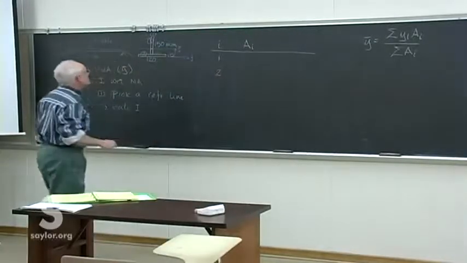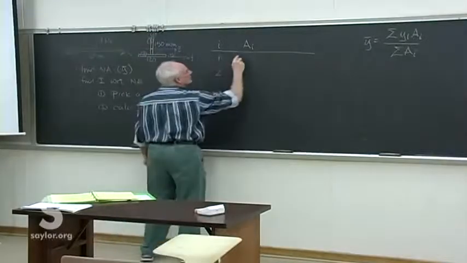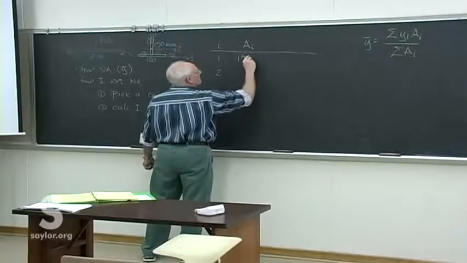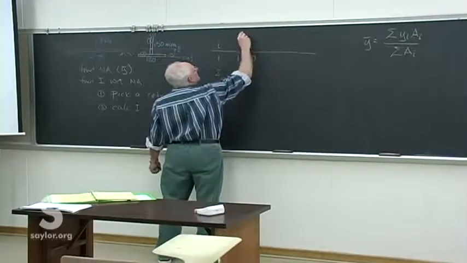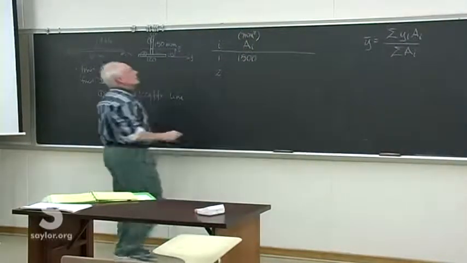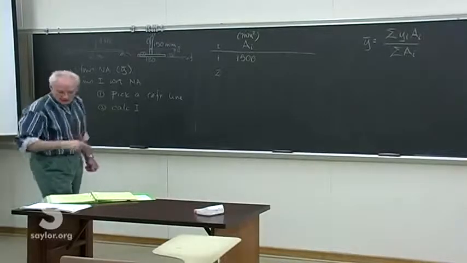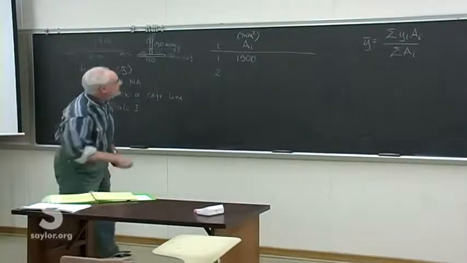So the areas are easy. Area 1 is 10 by 150, 1,500 millimeters squared. Area 2 is 15 by 120, which is 1,800.